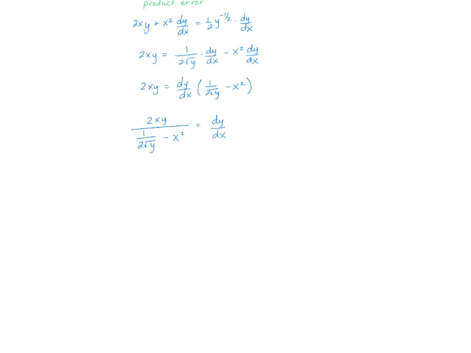So I would have to multiply everything by 2 times the square root of y to get rid of the complex fraction. And that would just be on the left-hand side. But it's okay if you stop here. Now on my lab, they may have you take it a step further. But I'm okay if you stop here on an exam.